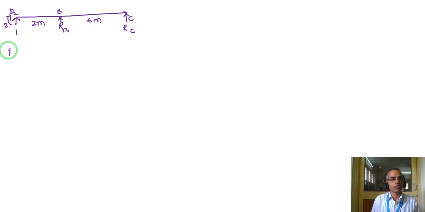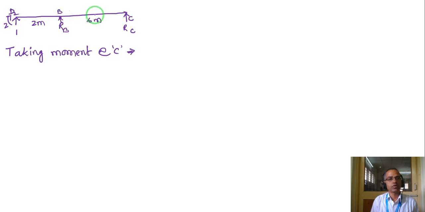So taking moment at C, what will I get? Moment at C, that means I will be moving towards the right side, that means RHS clockwise positive.